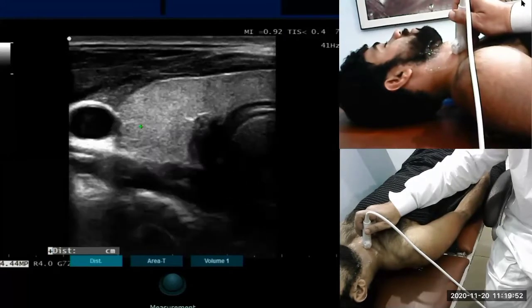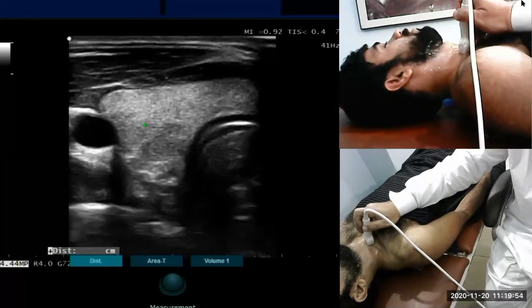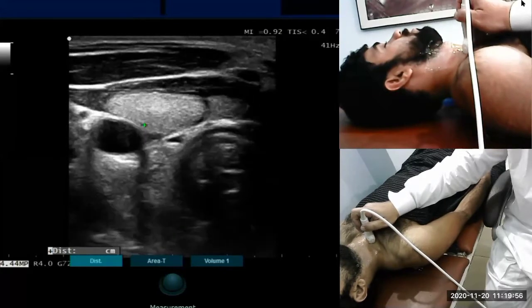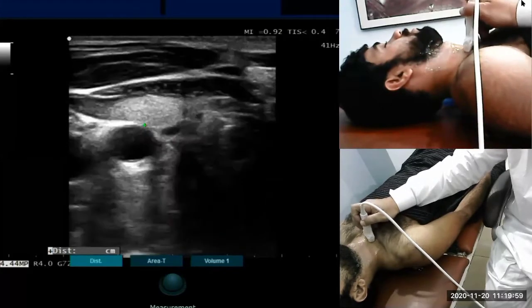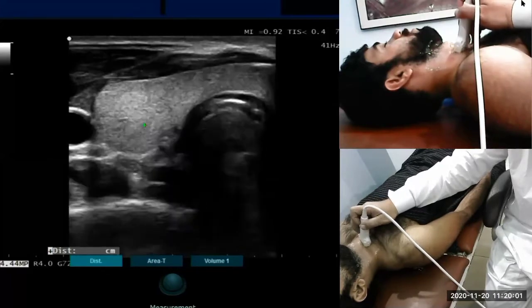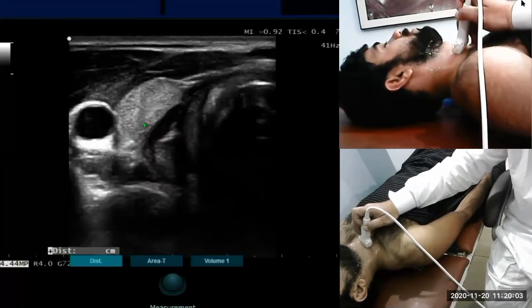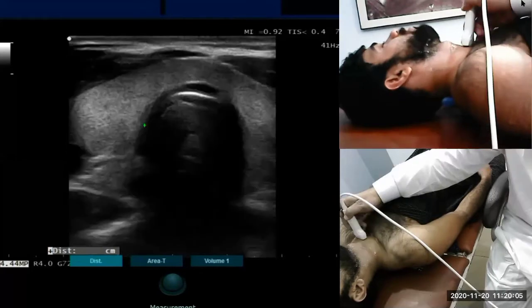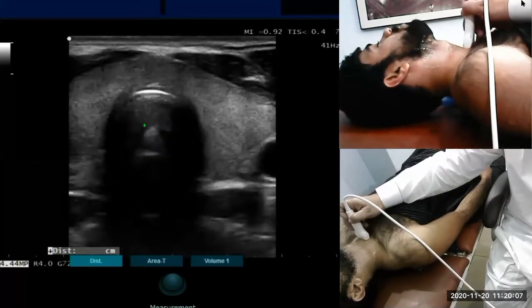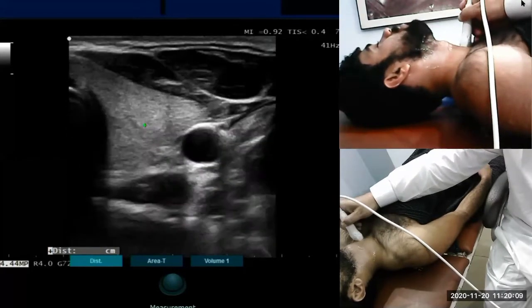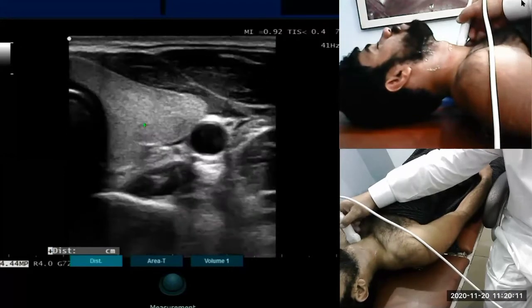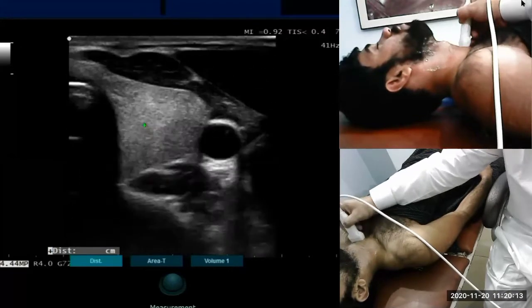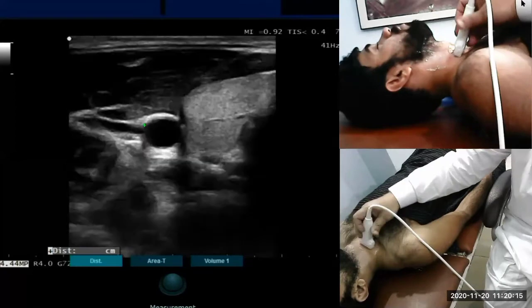So there you see the right lobe. We have seen it from lower to the upper, the isthmus, the left lobe from the lower to the upper pole. We will measure it.